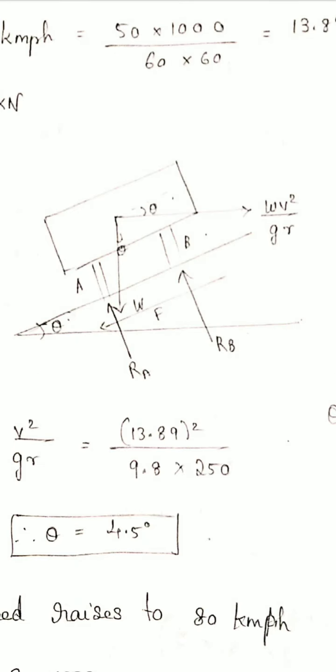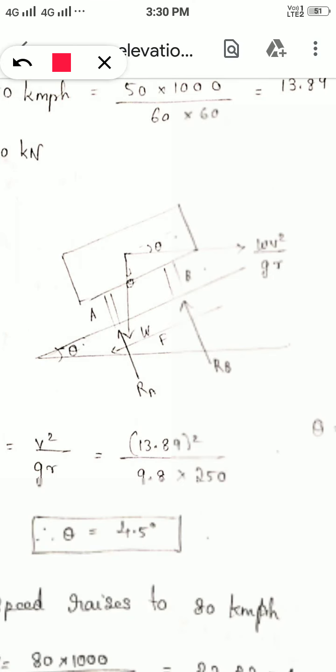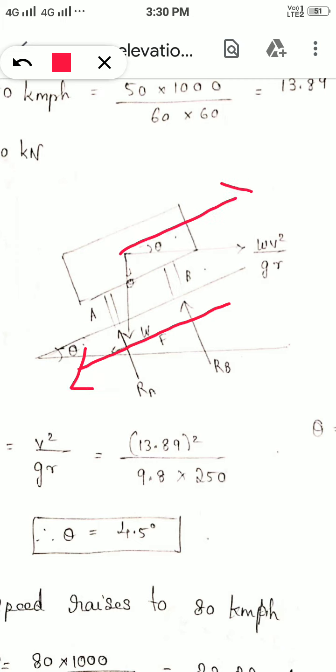Resolution, I hope you all know how to resolve the forces into two parts. So now take this equation. There are three types of horizontal force. One is your F, which is acting towards the left side, and the other one is W V square divided by GR, and the angle is with respect to the horizontal, so this will be cos.